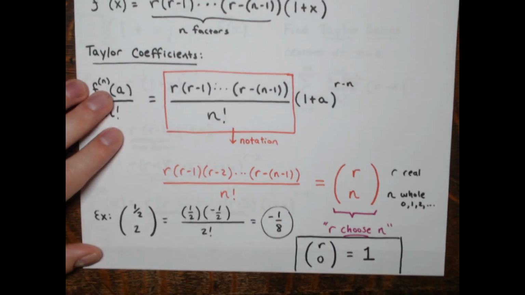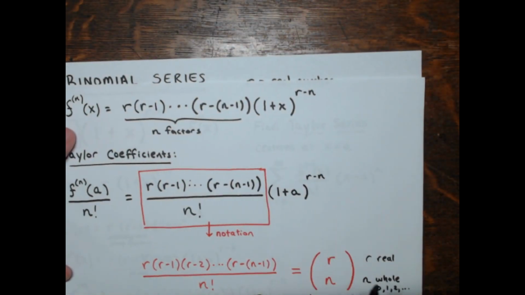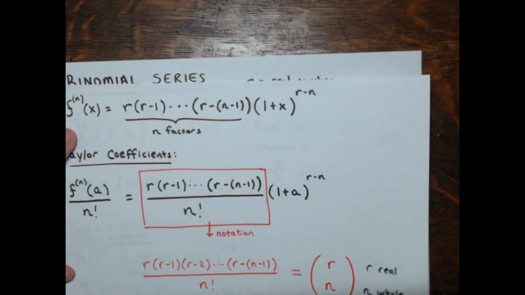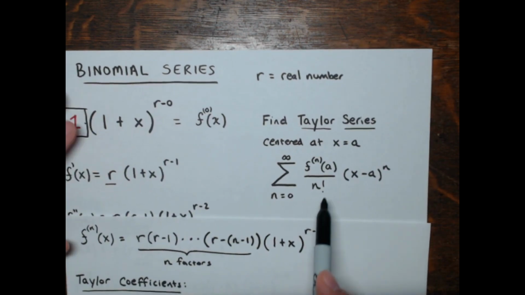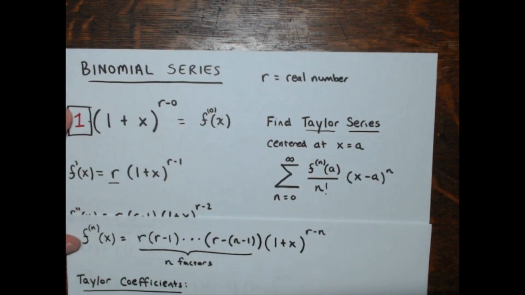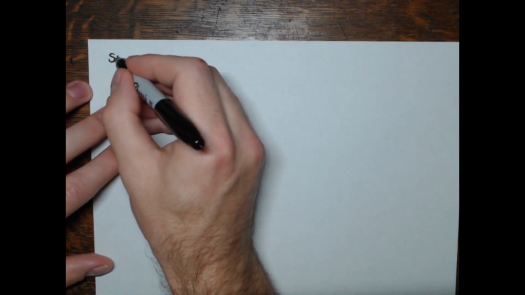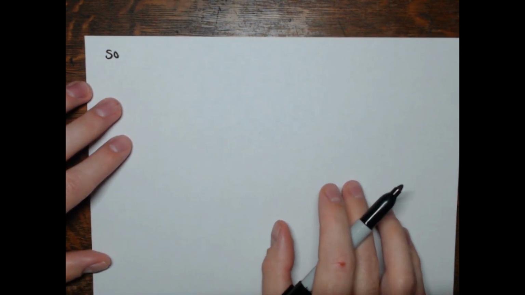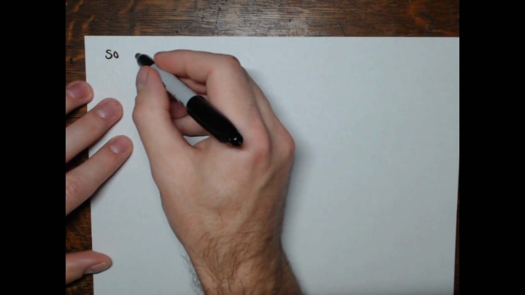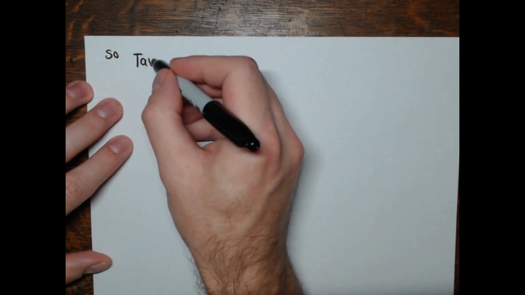Now that I've got all this, we can write up our Taylor series for 1 plus x to the r, centered at a. And we'll finally get back to our problem.